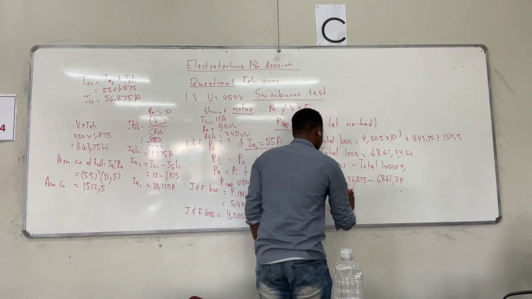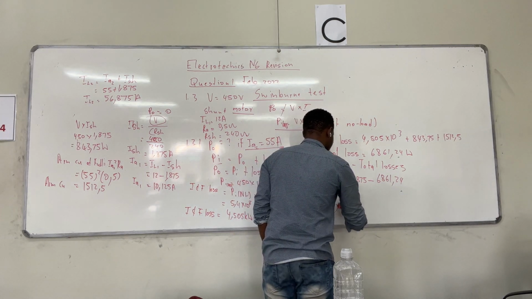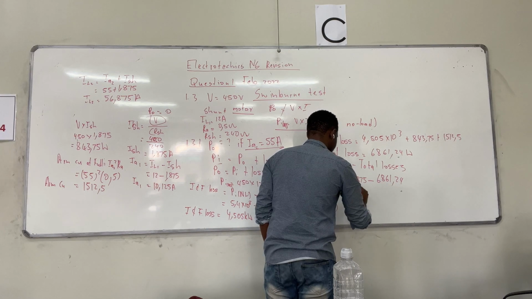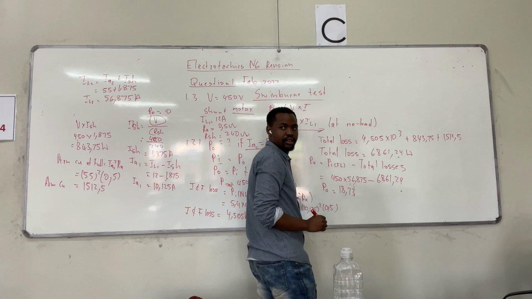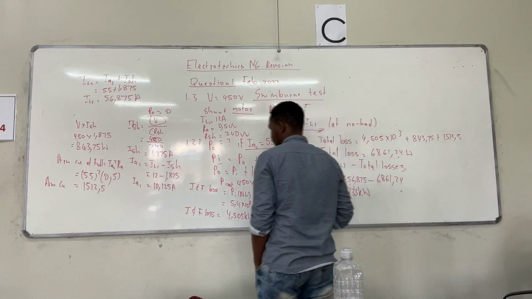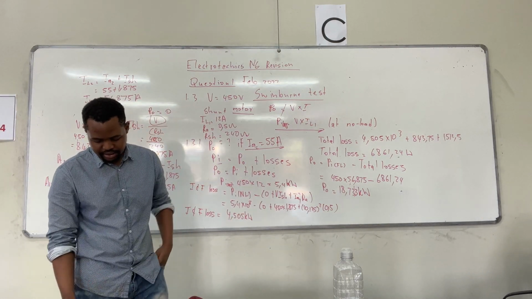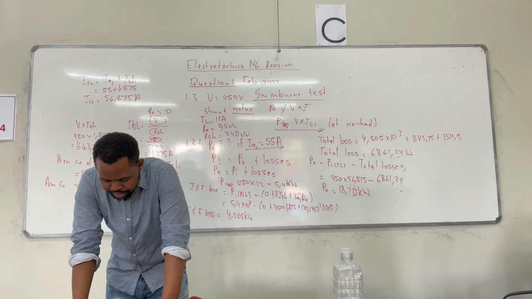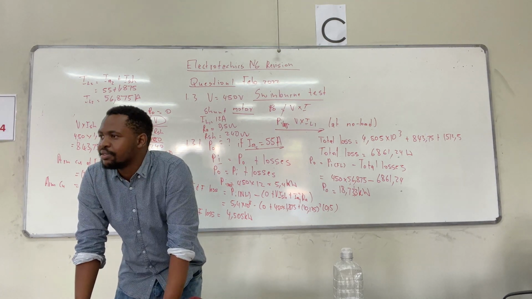18.73 kilowatts. Fine. Then the next question asks for the efficiency of the motor if the armature current is 55 amps.